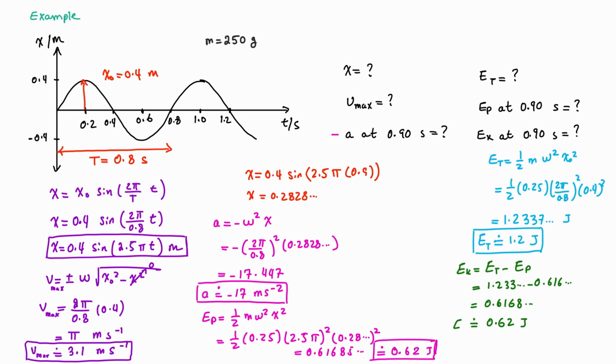You could have done this just by knowing that it's halfway there and it's half the energy. You could have done that for both the potential energy and the kinetic energy, having known what the total energy is, but it's good practice to check the answers.